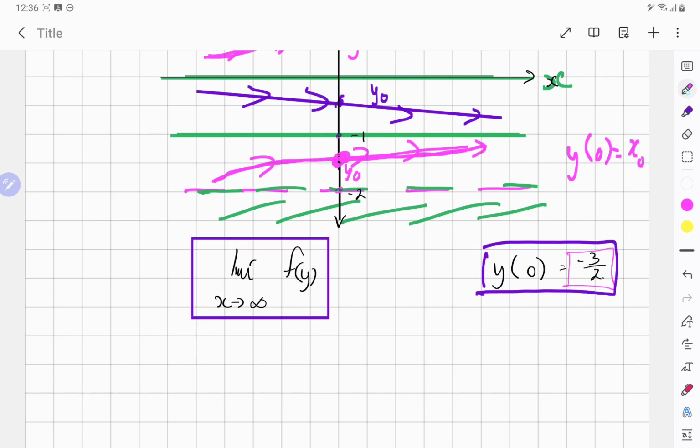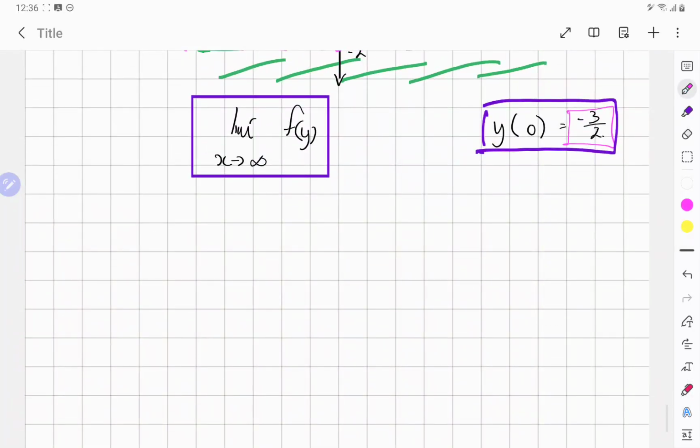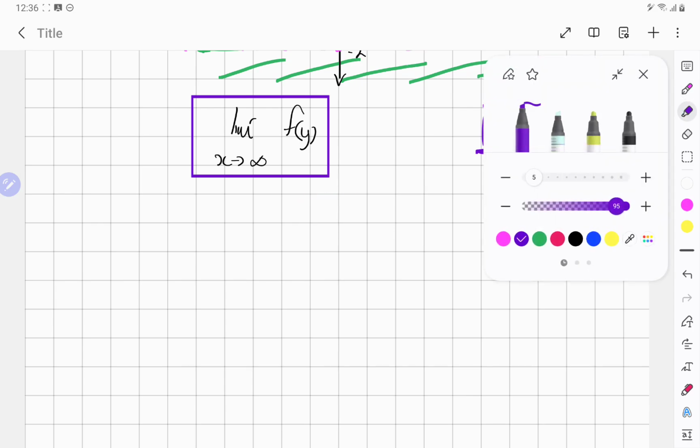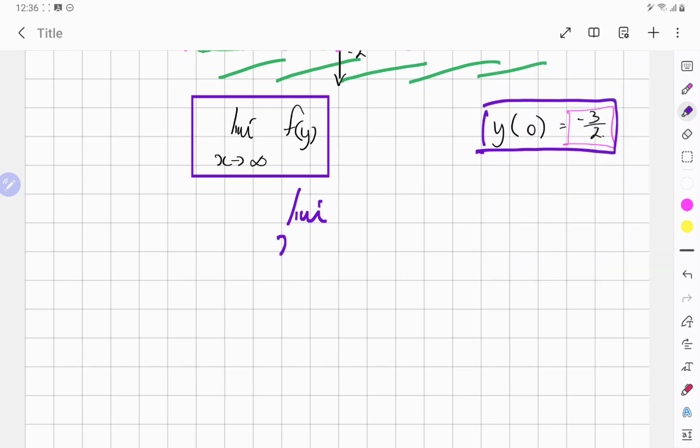But now as x approaches infinity in that region, what will my graph approach? It will approach -1. So this answer, and like I said, it often comes up in tests, this will be -1, but only if I'm given this.